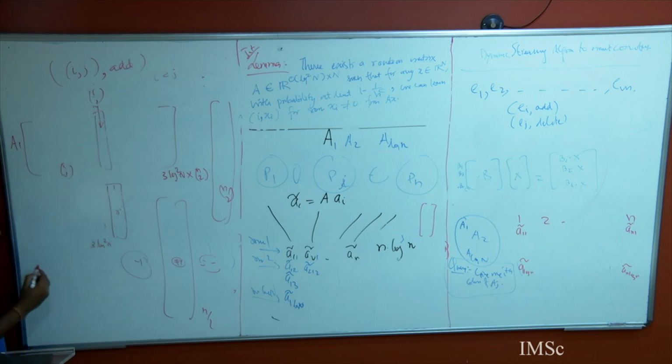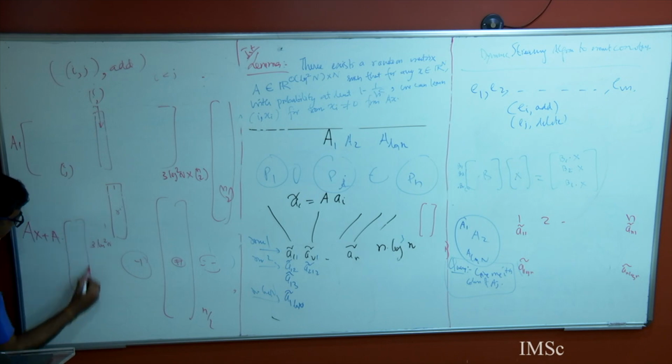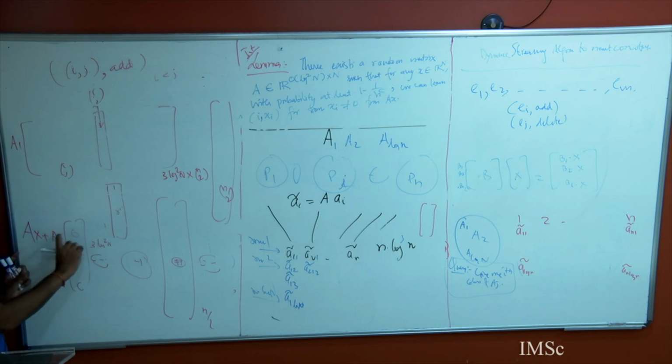If I knew this Ax, what is this? Ax plus A times this big vector. What is the big vector? It is 0 everywhere, but at some place I have put plus 1. And what is that place? The ijth entry. This is what the sketch for a i 1 tilde will be. And what will be the sketch of a j 1 tilde? I have to put not plus 1 but minus 1.